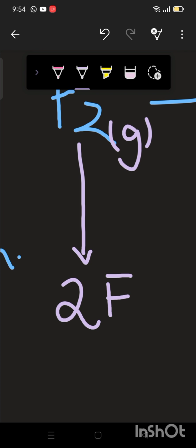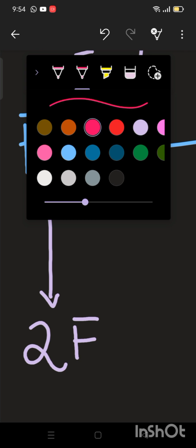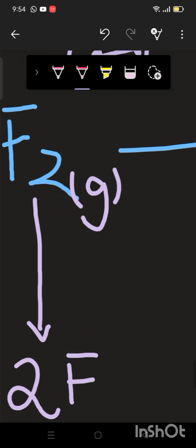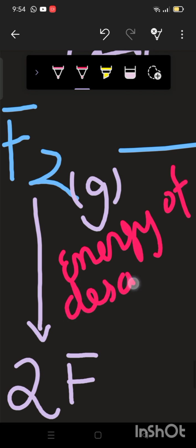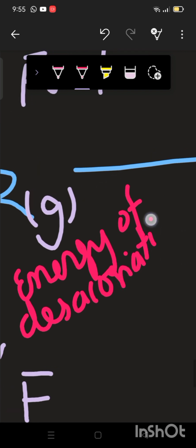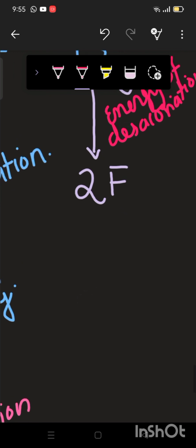Then there would be 2 F atoms. To break the bond between these two fluorine atoms, we need to give the energy of dissociation.